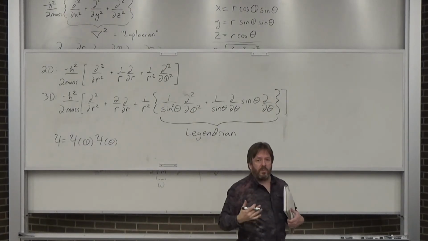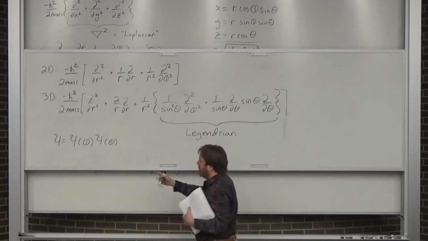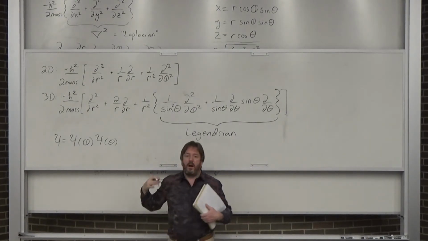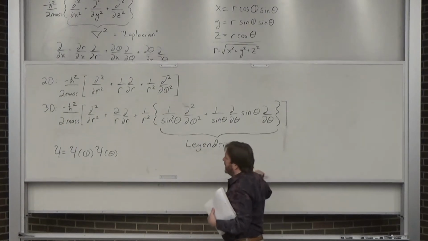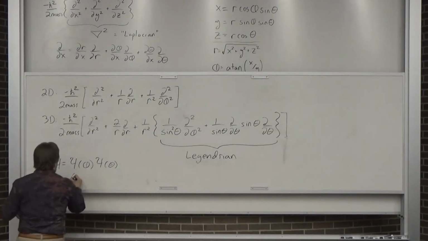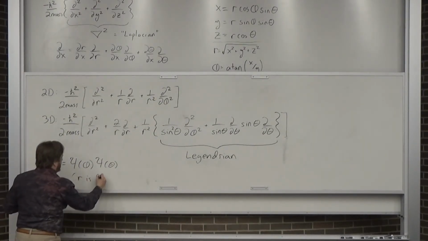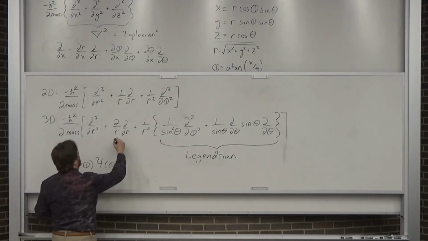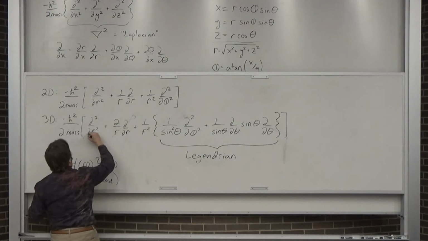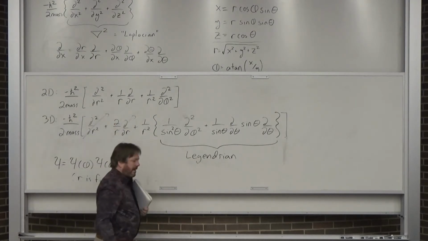And of course, they multiply, for all the reasons that we talked about over the last several lectures, right? We're going to say R is fixed. And so that means we don't have to worry about these.